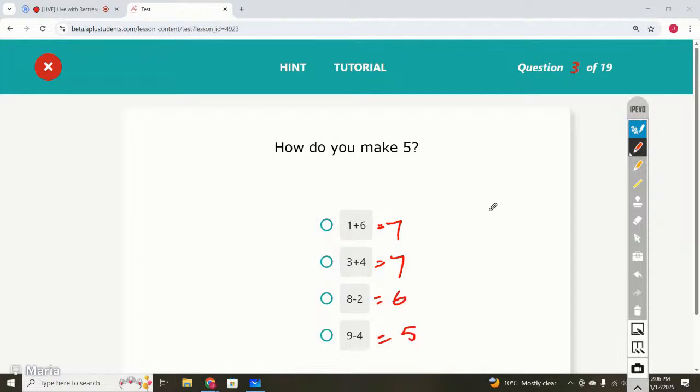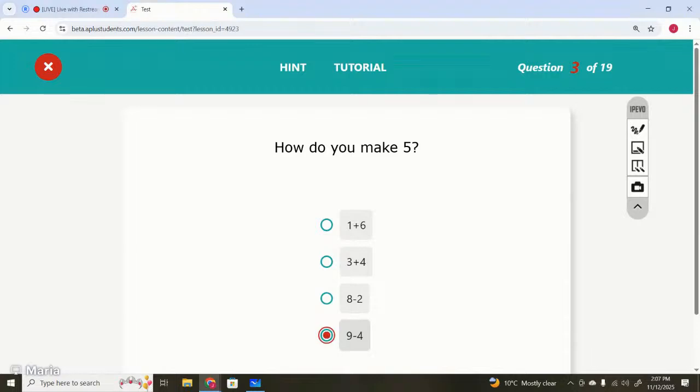So 9 minus 4 is 5. Option number 4 is the correct option. The fourth option is the correct option, that is 9 minus 4.